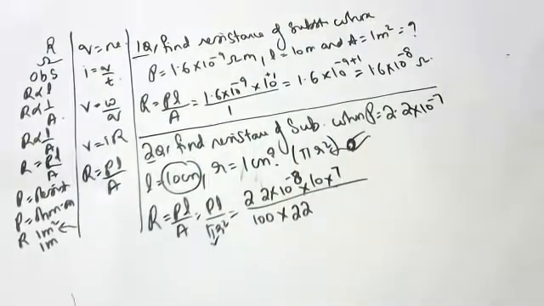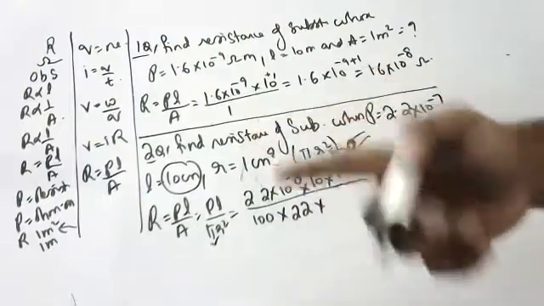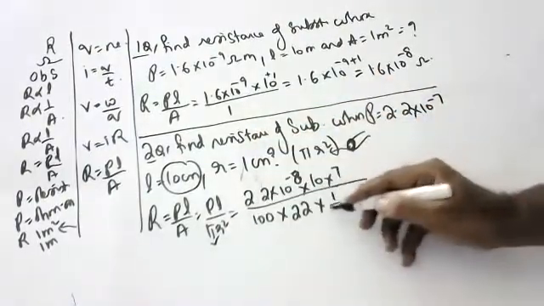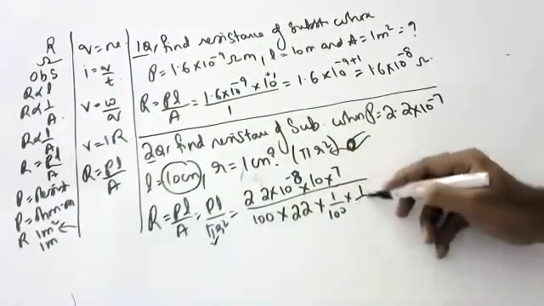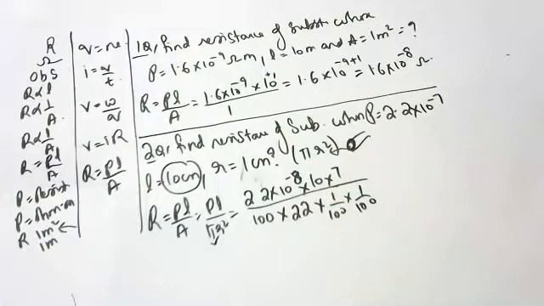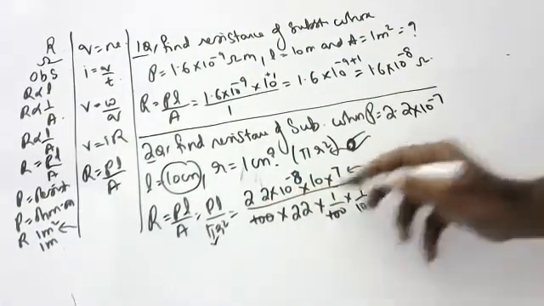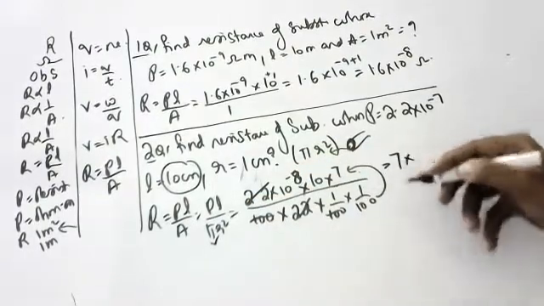And radius is 1 by 100. But square is there, no? Pi r square, so 1 by 100 into 1 by 100. So 100, 100 gone, this 100 will go up. 22, 22 gone. So the answer is 7.